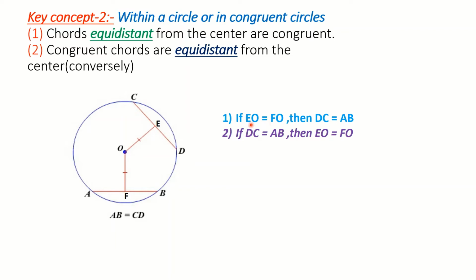So if EO is congruent to FO, then DC is congruent to AB. If DC is congruent to AB, then EO is congruent to FO. This is the converse of the first one.